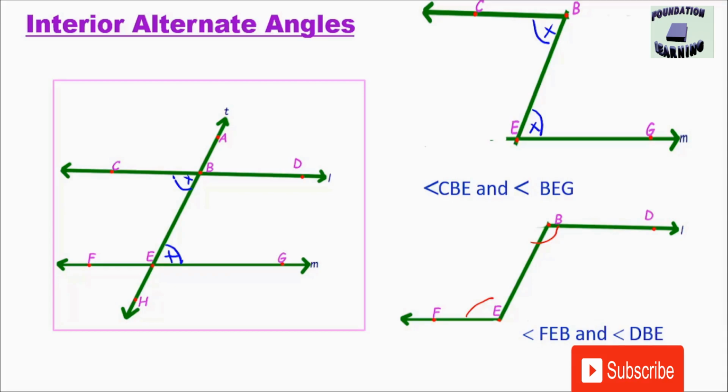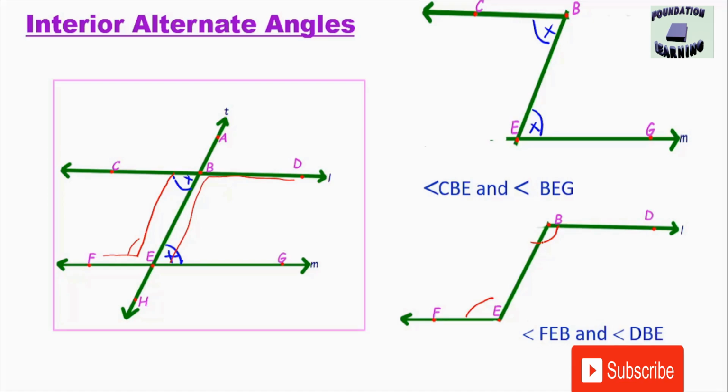Now the second interior alternate pair will be FEB and DBE. One is above the parallel line on the left hand side and one is below the parallel line on the right hand side.